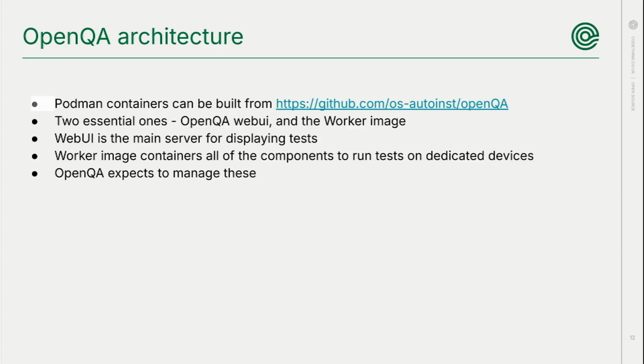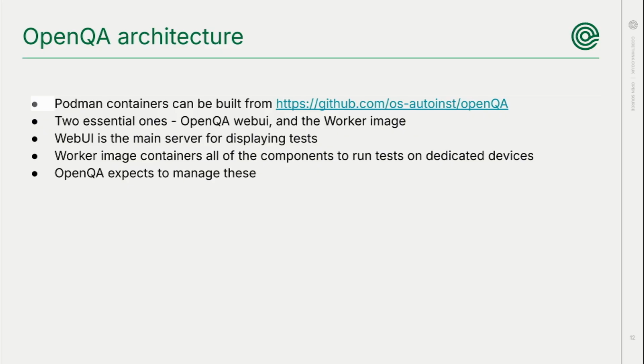So the architecture of openQA: it runs in Podman containers, and it's actually very easy to set up. All of the Podman containers that you need are in that URL. Very, very easy to build, very, very easy to run. The two essential ones really are the openQA web UI, and you need the worker image as well.